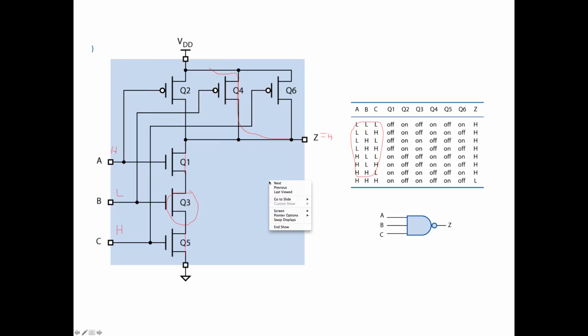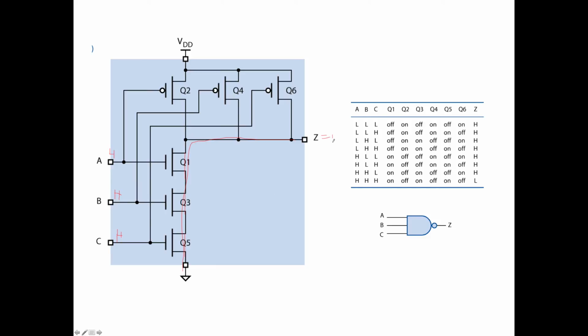One last case for this circuit. If they're all high, I think it's pretty clear what happens. That means all three of the transistors close, and I have a path to ground, so that forces the output to be a low.